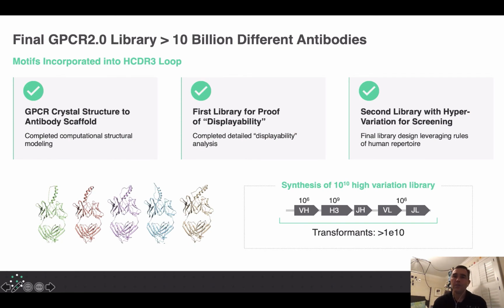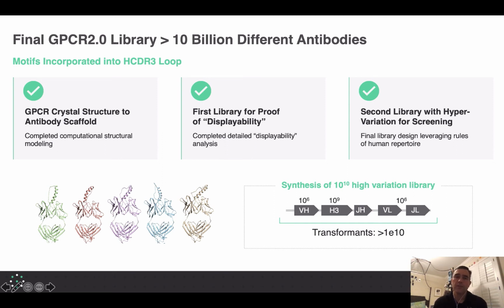Using all of those motifs, we actually had to do a lot of pre-work before we started using the motif loop library. We needed to make sure that we had a scaffold that could actually accept these motifs. And so we did a lot of work to look at which heavy and light chain combinations could accept a very long extended heavy chain CDR3, and we used a flag tag as a surrogate for these different motifs.